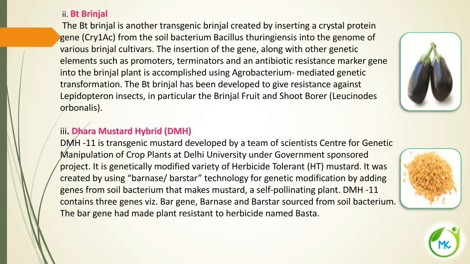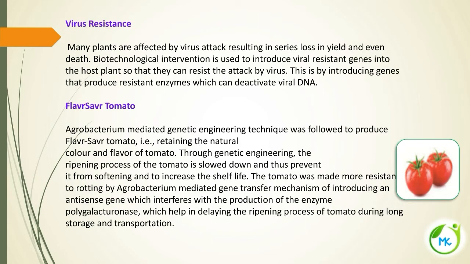The next we are going to see about virus resistance. Many plants are affected by virus attack, resulting in serious loss in yield and even death, and biotechnological intervention is used to introduce the viral resistance gene into the host plant so that they can resist the attack by virus. And this is by introducing the genes that produce resistance enzyme and which can deactivate the viral DNA.